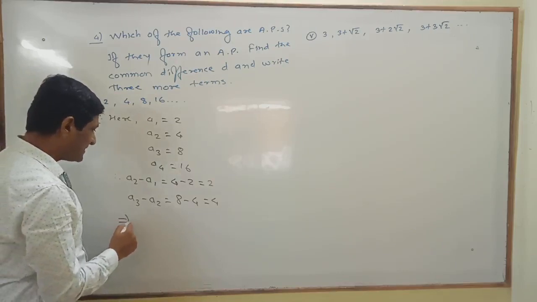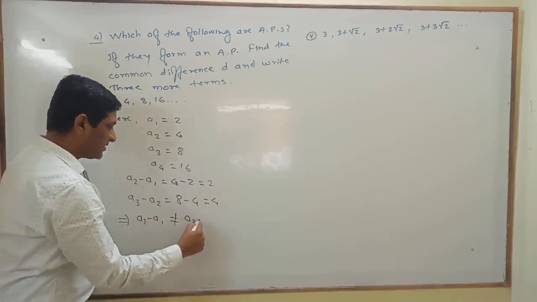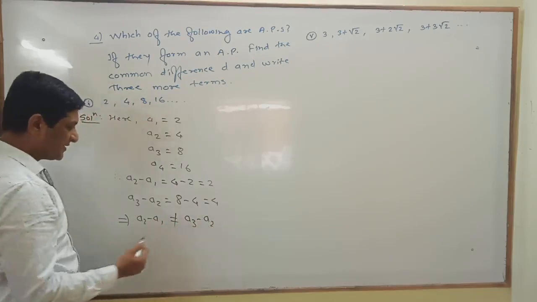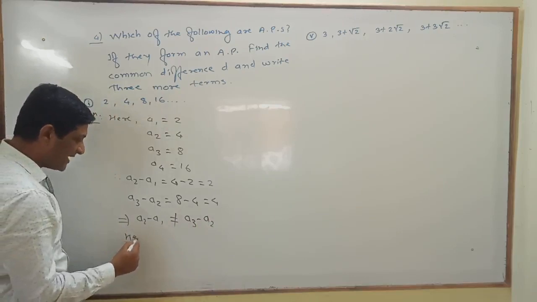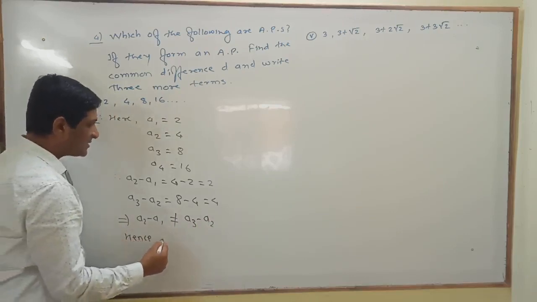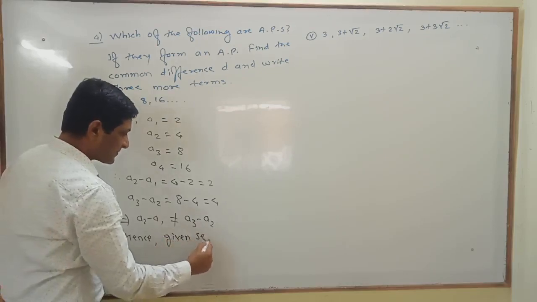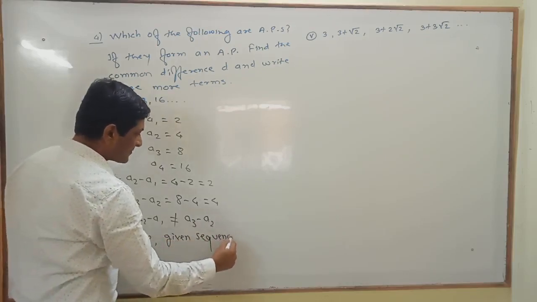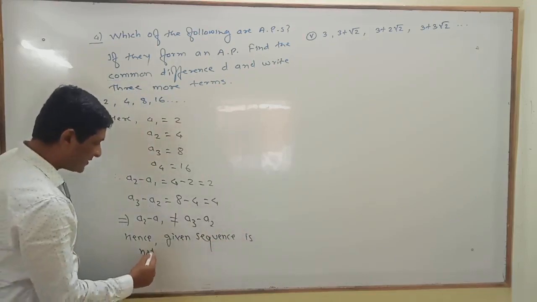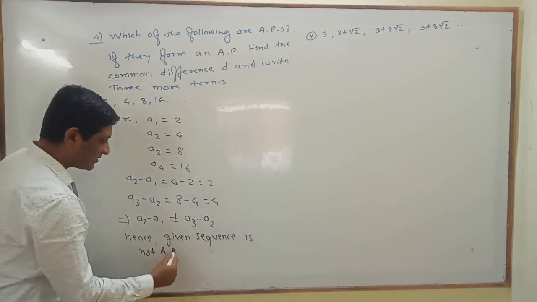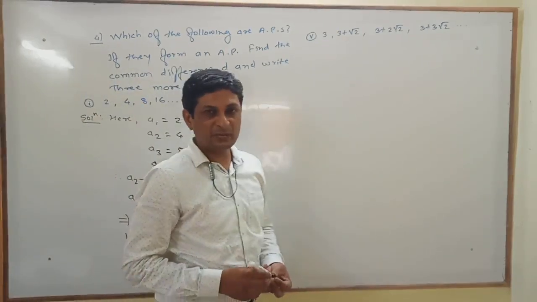So this implies that A2 minus A1 is not equal to A3 minus A2, and since the difference is not equal, hence we can conclude that the given sequence is not an arithmetic progression.